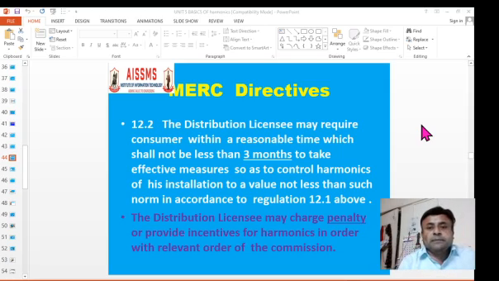Therefore, the utility Mahadiscom is now taking up installation of power quality meters at various HT consumers. HT consumers are the starting phase. It will be followed by LT consumers.